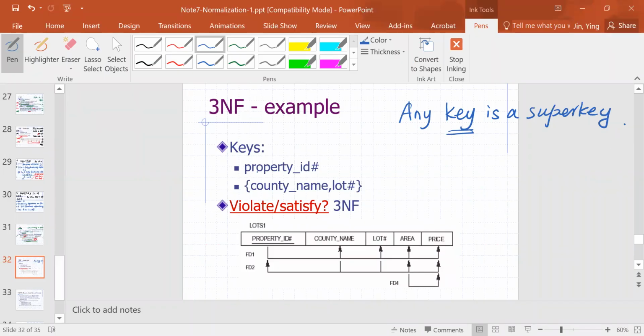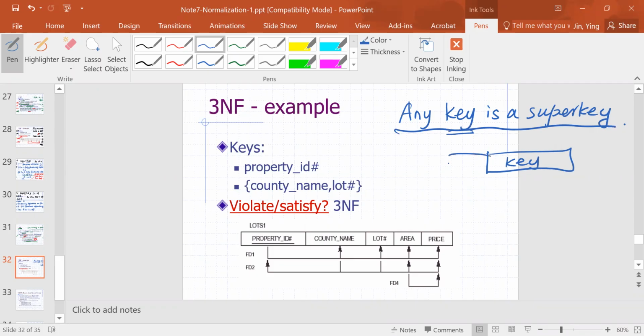So if the key is given, the super key can be exactly the same thing. If you ask whether this particular one is a super key or not, yes, because of that.